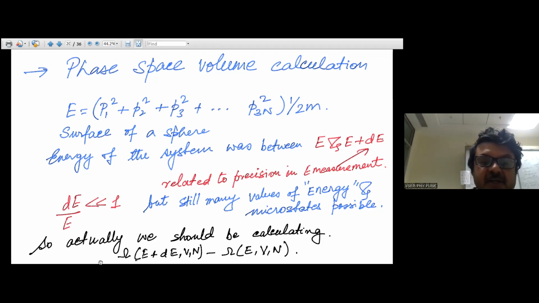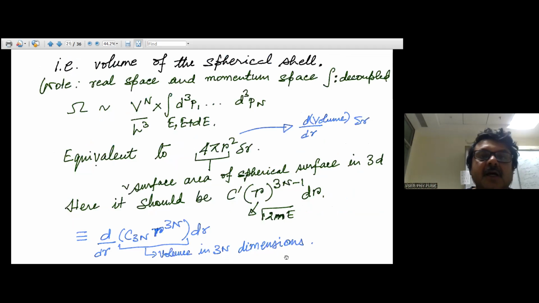So actually we should be calculating omega, the phase space volume between E and E plus dE, for V and N. That is the volume of the spherical shell. Note that the real space, that is, the particles moving in real space like x, y, z, and the momentum space are decoupled in the integral, because the phase space volume, as I had written down, is proportional to V, the volume of the box.